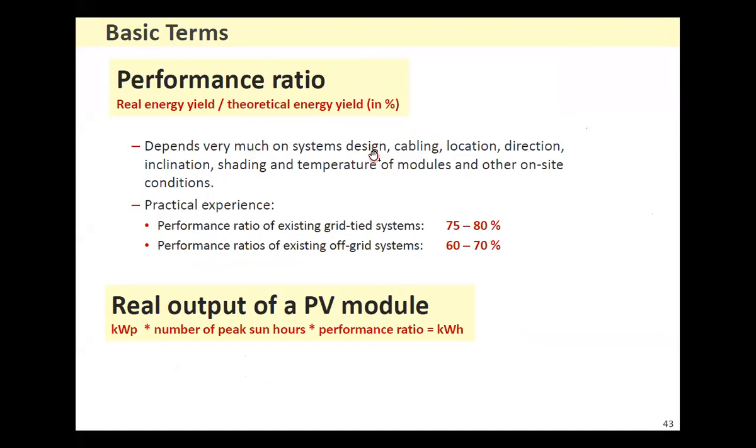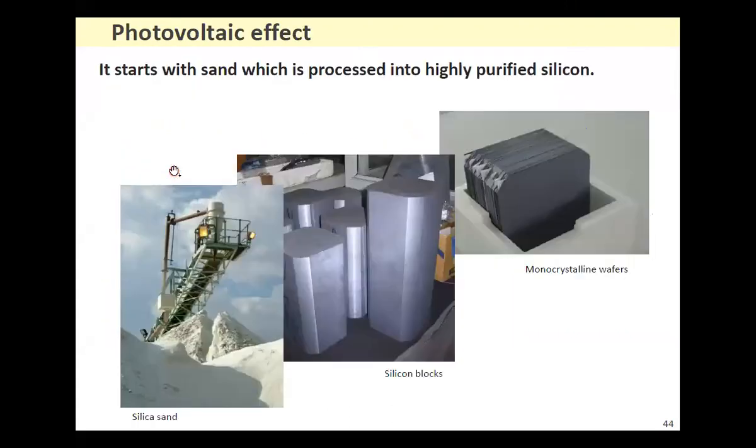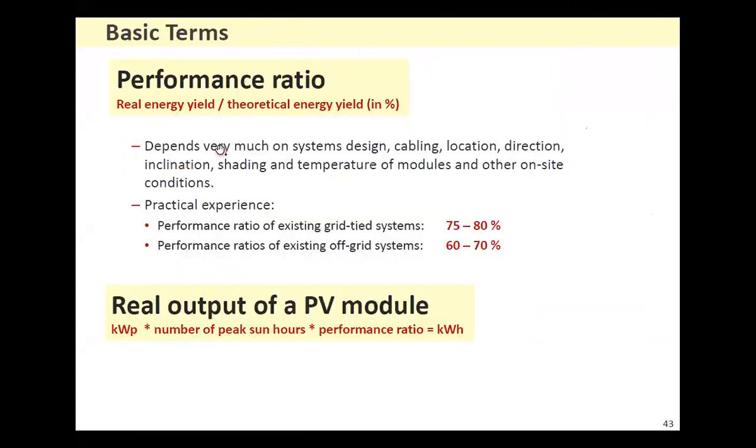Now let's move next to the performance ratio. It is telling you about the efficiency of the overall system installed. Now this is not related to the conversion efficiency. The conversion efficiency is a different thing, and performance ratio is a different thing.